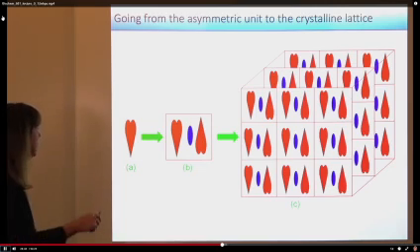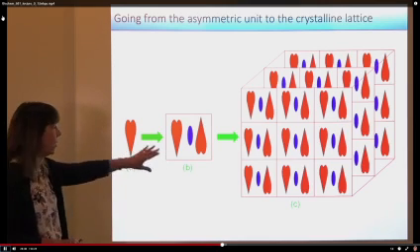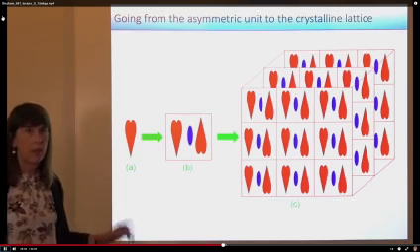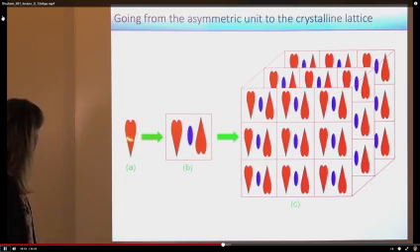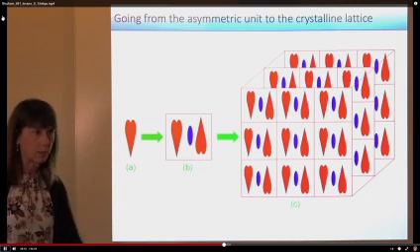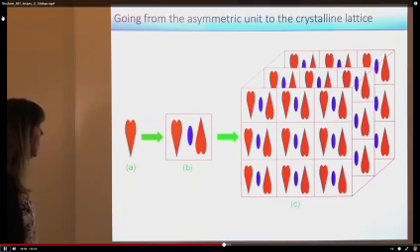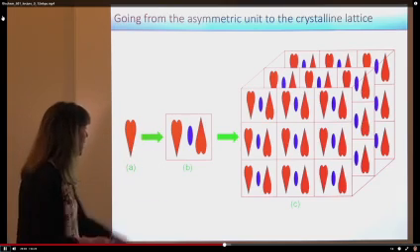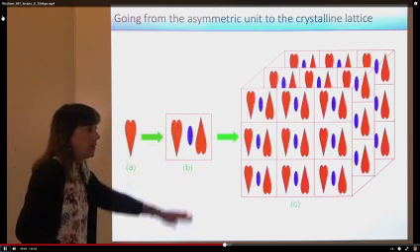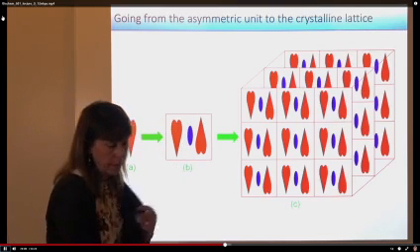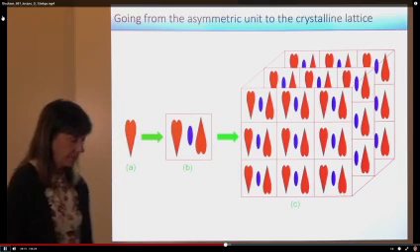This particular unit cell, and it's 2-dimensional here, has 2 asymmetric units that are related by a twofold. So once we've traced this polypeptide chain, we can then trace that one by a twofold rotational axis. It just puts it over there. And then you can take the unit cell, and in this example, of course, it's 2-dimensional, but you can translate the unit cell in 2 dimensions to generate the lattice. And that's exactly what you're doing in protein crystallography.